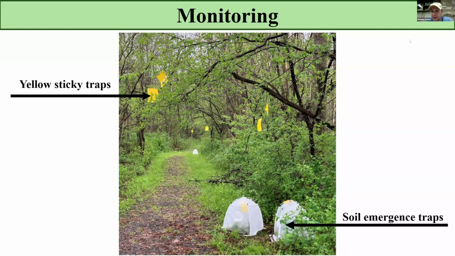In North Carolina, where it's a lot warmer and the EZS fly a lot earlier, they've found great success with soil emergence traps, but it only captures that first adult flight, the ones that are actually in the soil. So they're not ideal if you want to monitor populations throughout the summer.